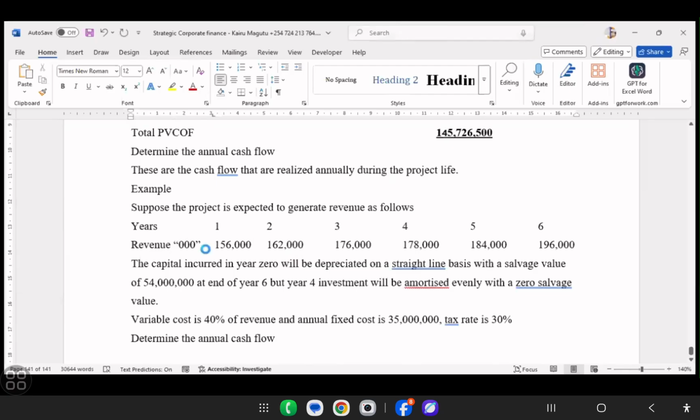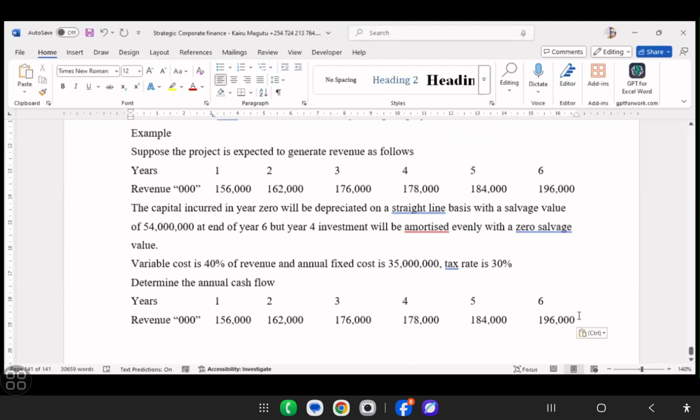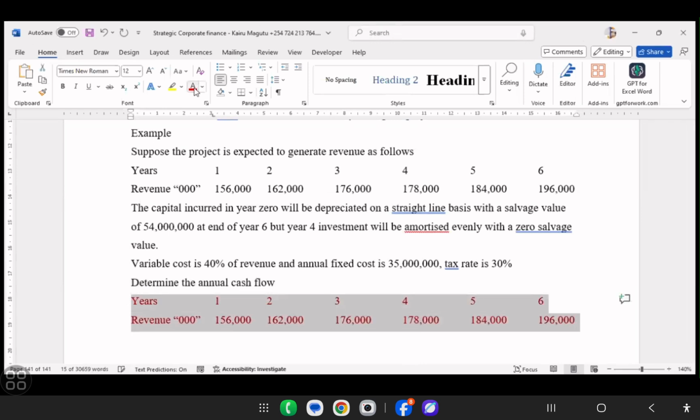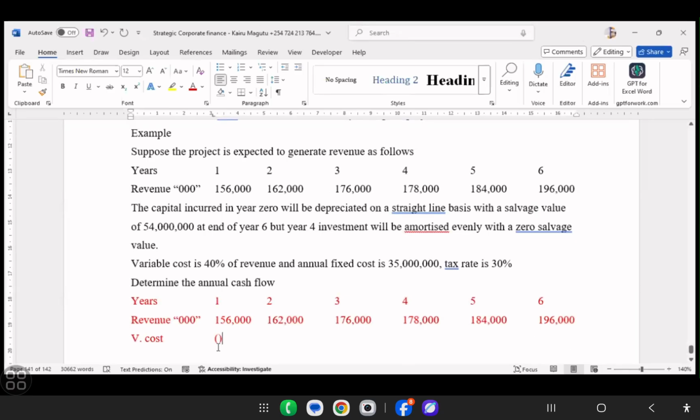Let's do the solution together. I want you to give me variable costs. Variable cost is 40%. Now, I need someone to give me this variable cost, because with 40%, I get what we call the contribution.